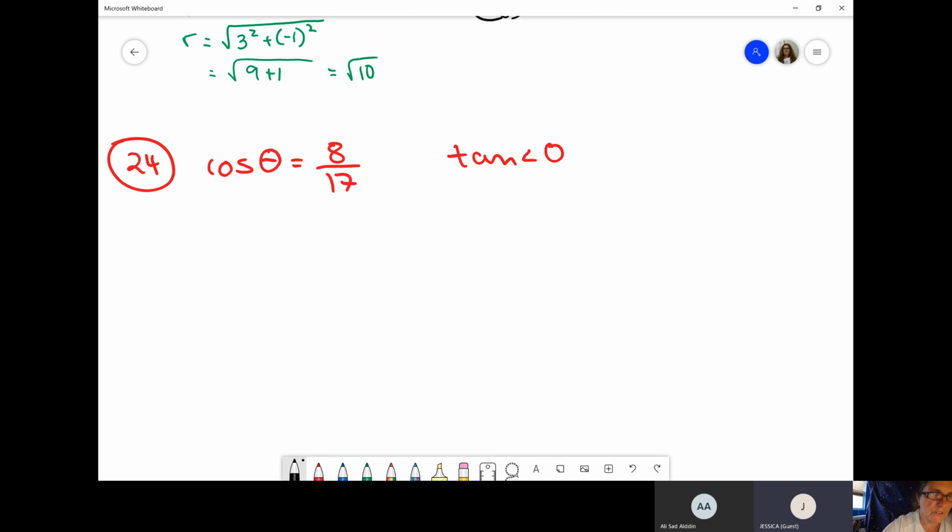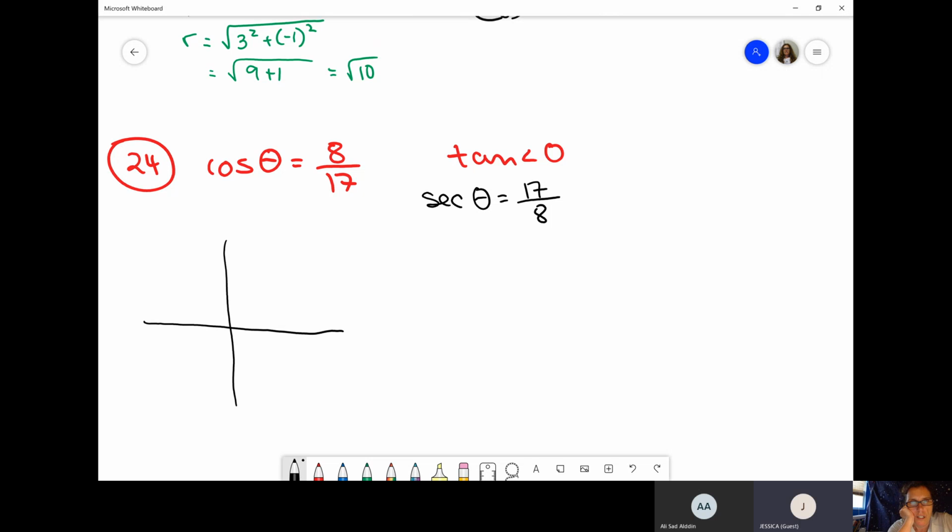If I were you, I would draw a little sketch so I know exactly which quadrant I'm in. But I can find one other trig function right away: the secant, because it's the reciprocal, 17 over 8.